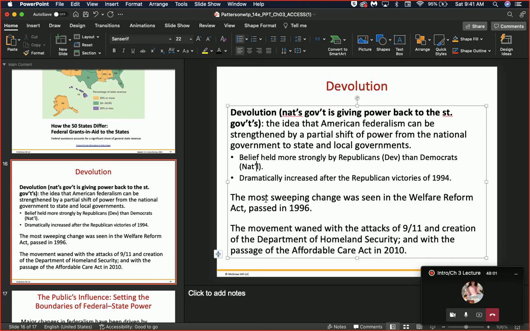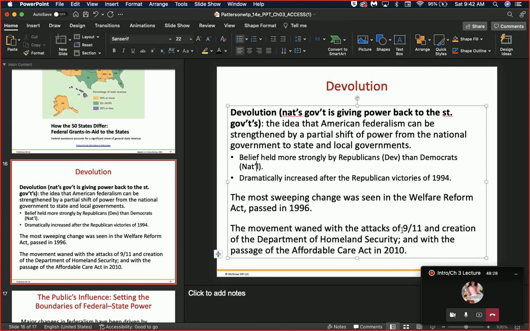Okay, so this process of devolution, we saw a sweeping change with the Welfare Reform Act passed in 1996, basically making it more difficult, more stringent categories on how you can apply for and qualify for welfare. The movement waned, though, with the attacks of 9/11.